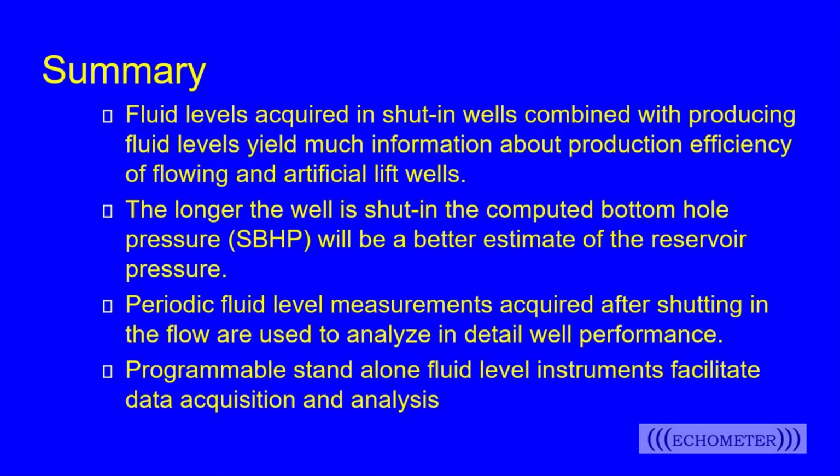The longer the well is shut in, the better our estimate of the reservoir pressure will be. This comes into play especially in the tight wells that we have today, the unconventional shales. They're very low permeability, measured in nanodarcies, and they are very slow on building up.